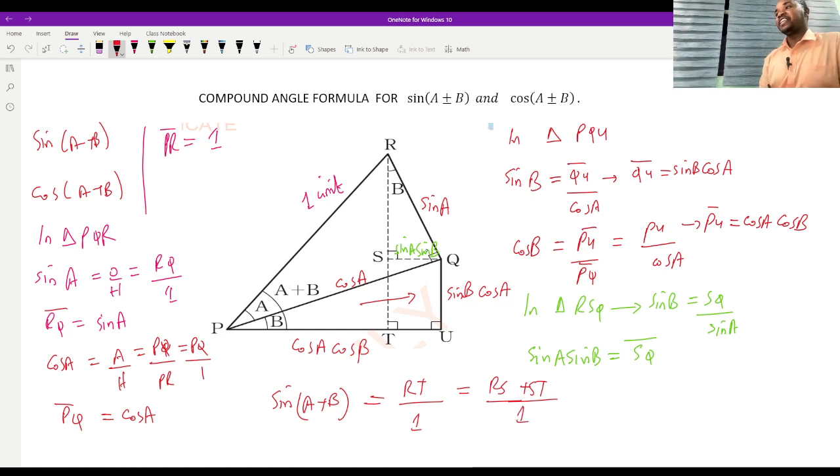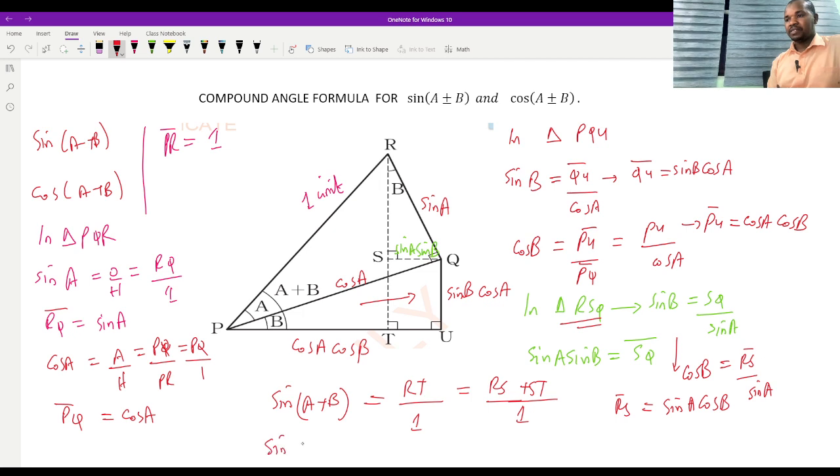And so I have to find the RS. So by using the same triangle here, for RS, we are going to use actually cosine B. So with the same diagram, cosine B will be RS over sine A, of course. So that RS is going to be sine A cosine B.